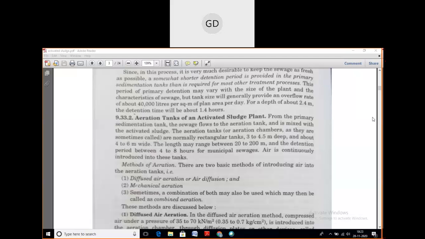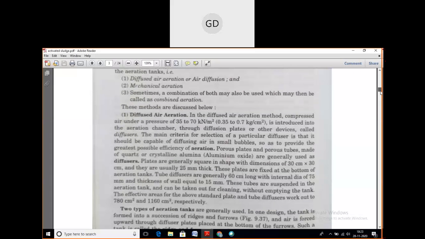Number two is mechanical aeration. These two are the main, but sometimes you can also find a combination of both diffused air and mechanical aeration, which together is known as combined aeration. Okay, so let us study something about the diffused air aeration.